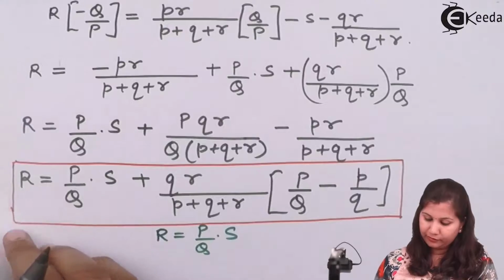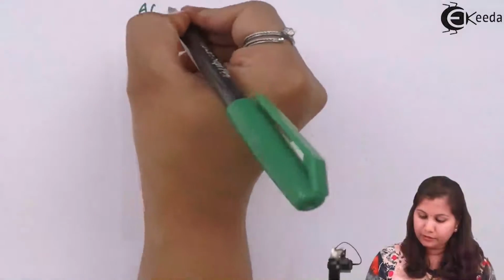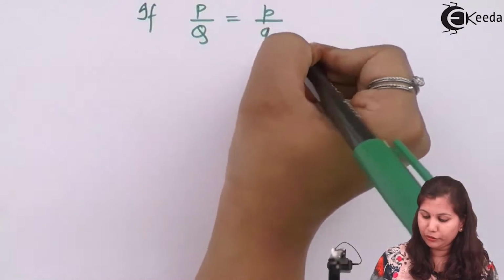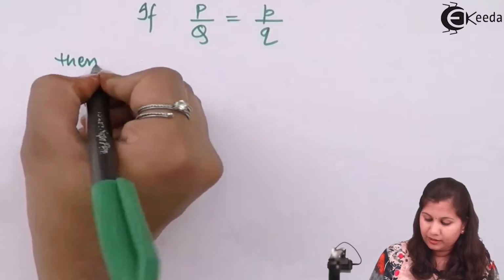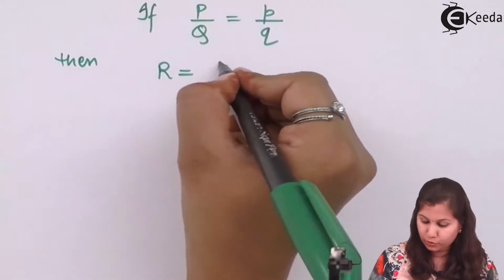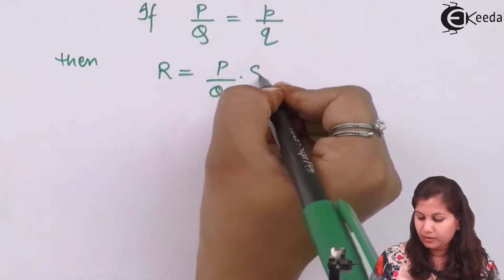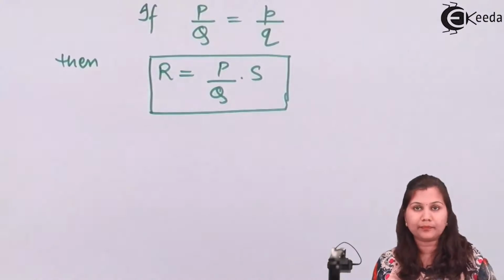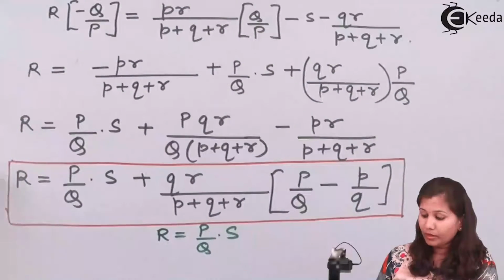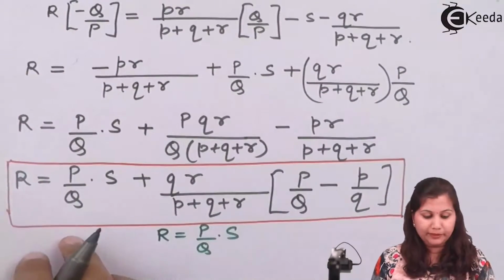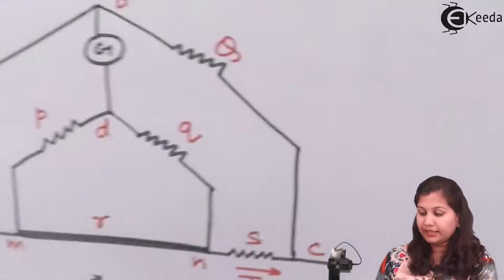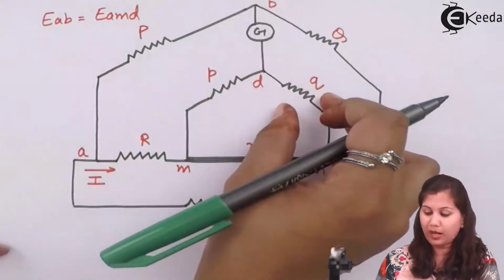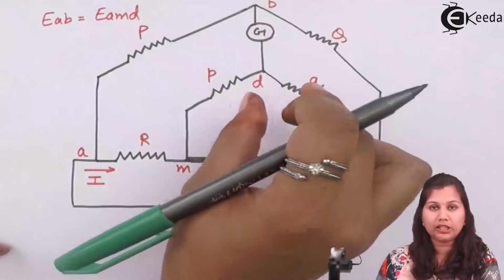So if the ratio of P upon Q is equal to small p upon small q, then this expression is reduced to R equals P by Q into S. Now in the Kelvin double bridge, in the starting we made the assumption that we are choosing this second set of ratio arms such that this ratio is equal.